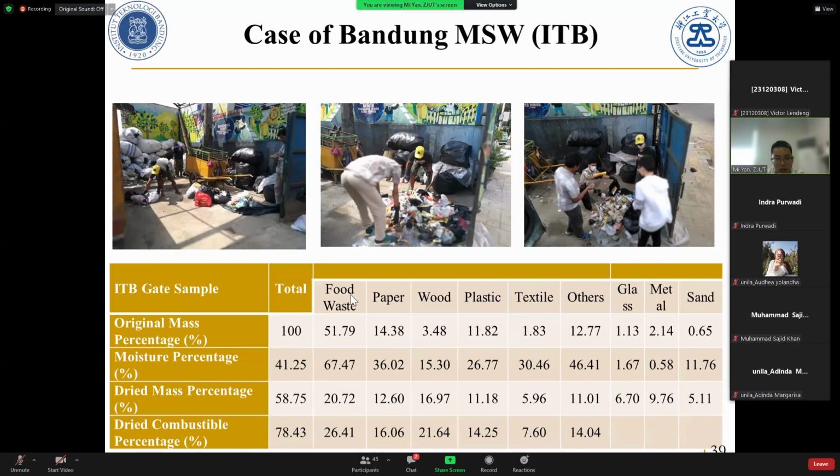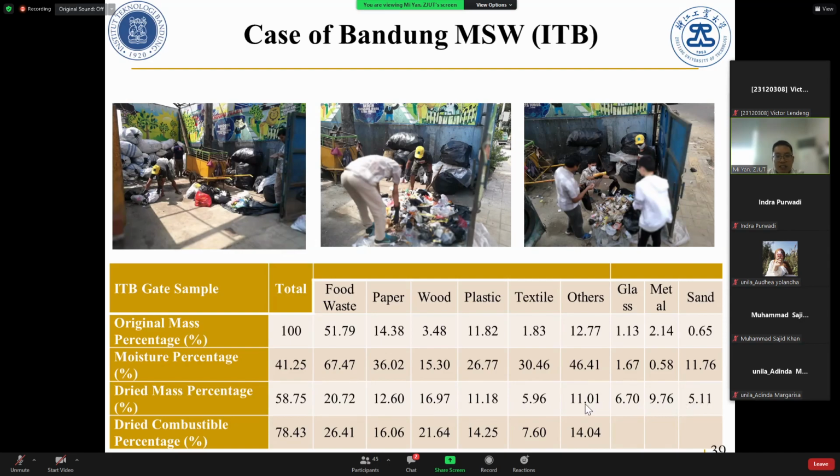So wood, food waste, paper. The original, or we call it the weight, right? The percentage, how much? Then the moisture percentage, the moisture content of each component. And we also have the dry mass percentage. This is very important for your simulation and your analysis.